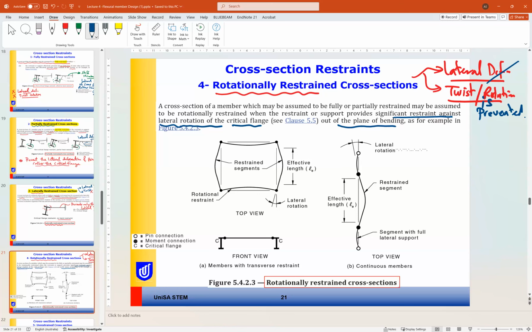So no restraint for the lateral deformation, but we have a restraint for the lateral torsion of the critical flange. So this means that we may consider it as a rotationally restrained cross section. And here is an example of rotationally restrained cross sections.